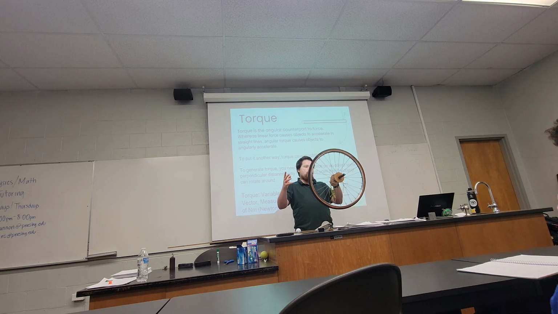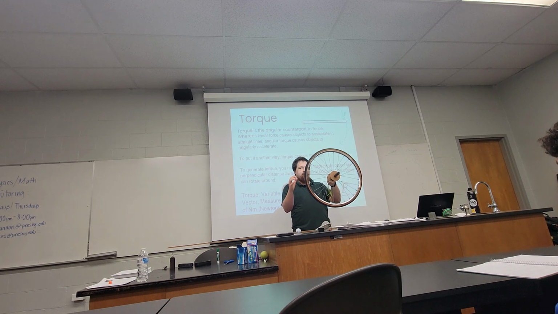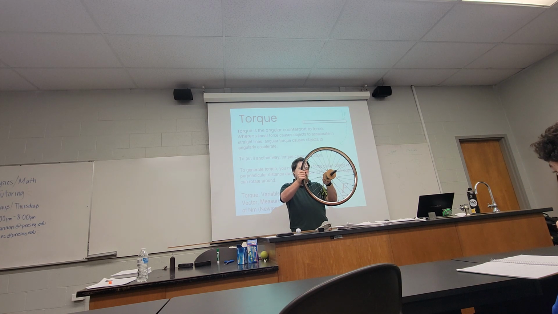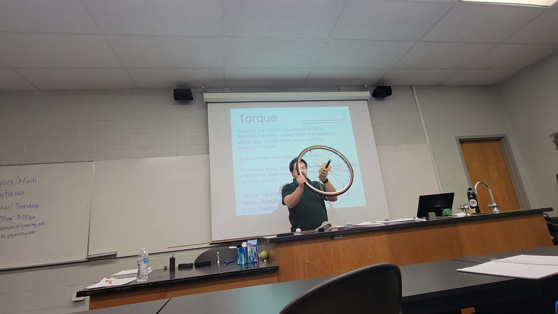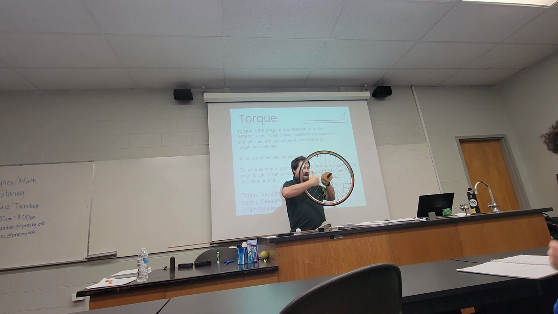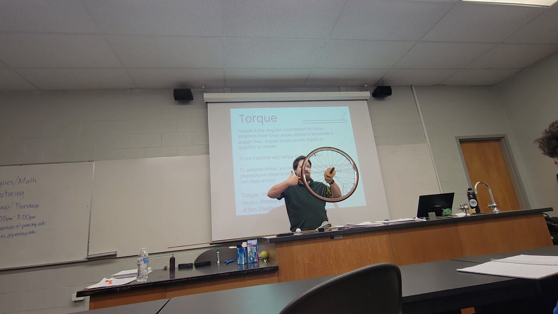To apply torque to a wheel like this, I have to apply a force some distance away from its axle of rotation. And if I grab the wheel here and apply a force in this direction, I specifically applied it a distance away from the axle at radius r.